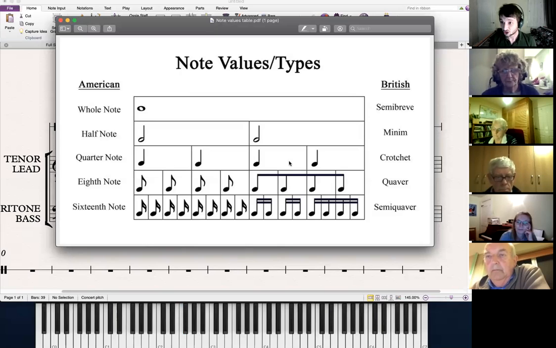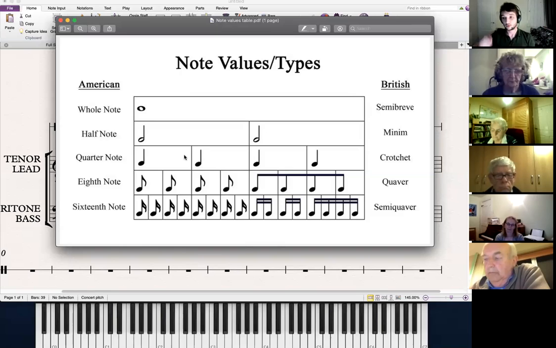Then when we halve crotchets, we get quavers, which are double the speed of crotchets, or half a beat in length. This is where it starts getting a little bit more complicated, because you start subdividing beats into halves. So you have the main beat, 1, 2, 3, 4, like that, and then you play 1 and 2 and 3 and 4.